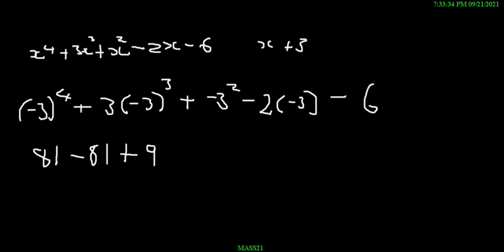Negative 2 times negative 3 is positive 6. Positive 6 minus 6, so you can see that this cancels out, and we remain with 9.